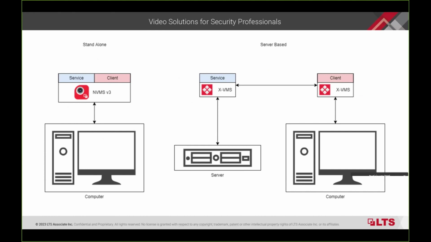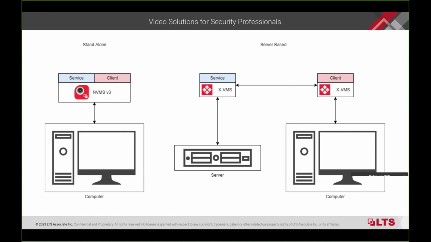So just to give you a difference between NVMS and XVMS, I've made this handy little diagram here. On the left, there's NVMS. You may have used this software many times before, or you've had customers who've used this software on their computers. And you will note that there are in fact two parts to the NVMS v3.